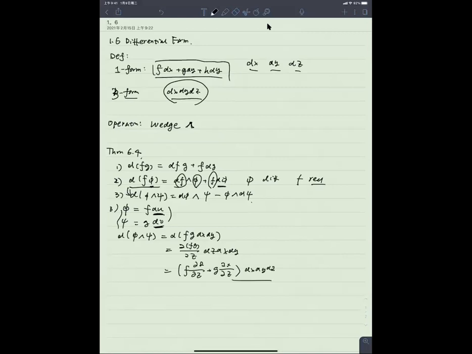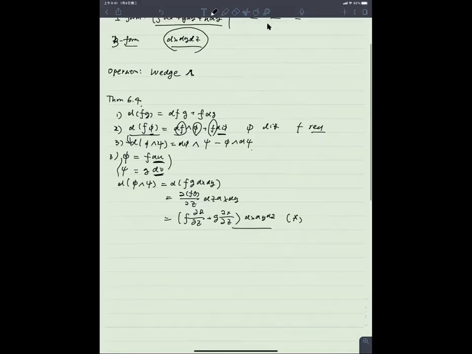So now here we can think this is a star equation, and we will prove it from another way.